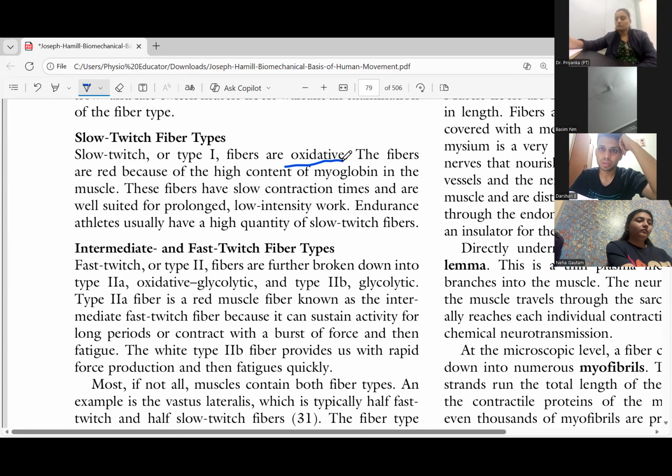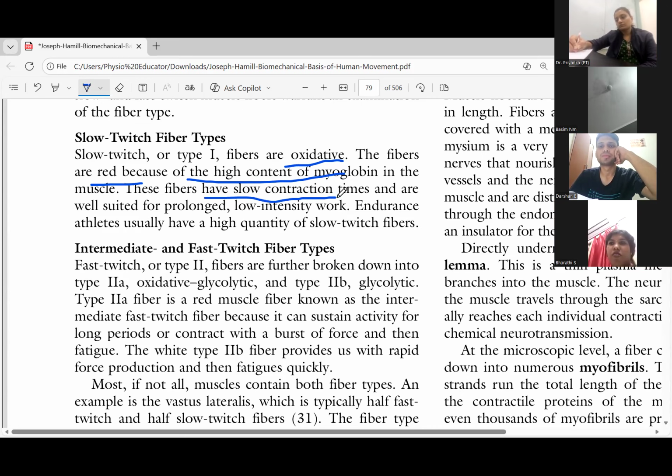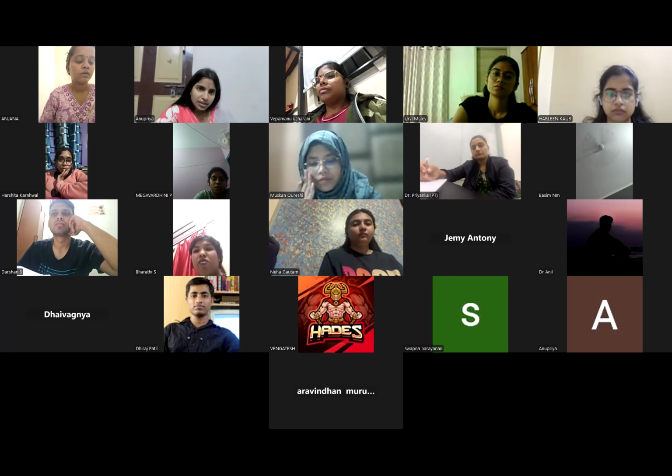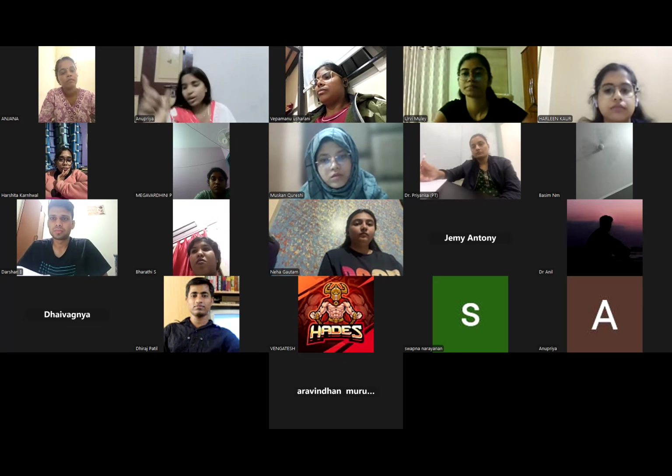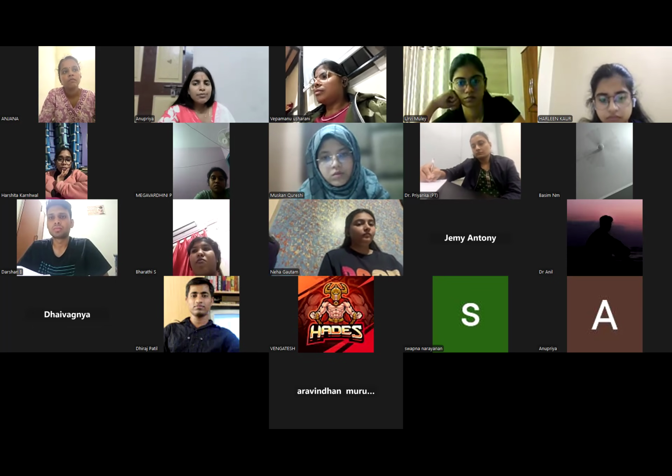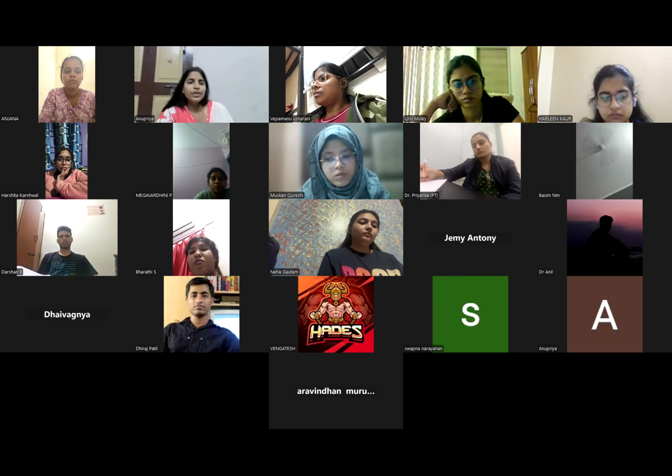The next thing is that the fibers will be red in color because of the high content of myoglobin in them. These fibers have a slow contraction time and are well suited for prolonged, low intensity work. Very simple, guys. Slow twitch fibers are red in color because of oxidative ATP production, and this muscle can do any activity slowly for a longer duration, without any fatigue.